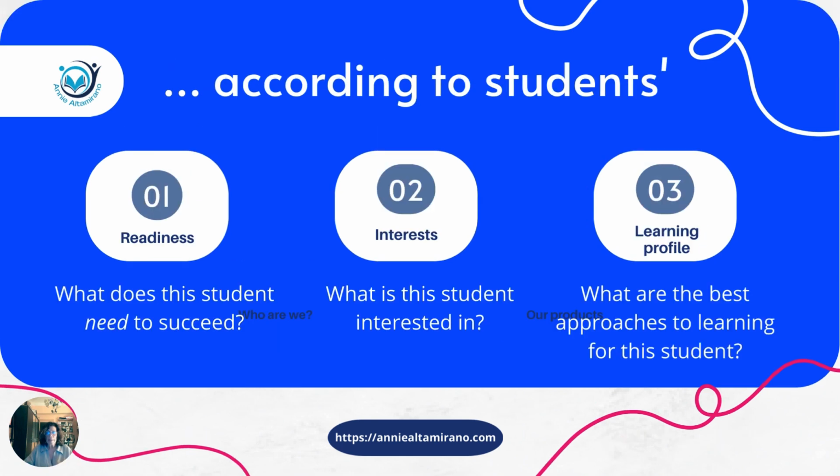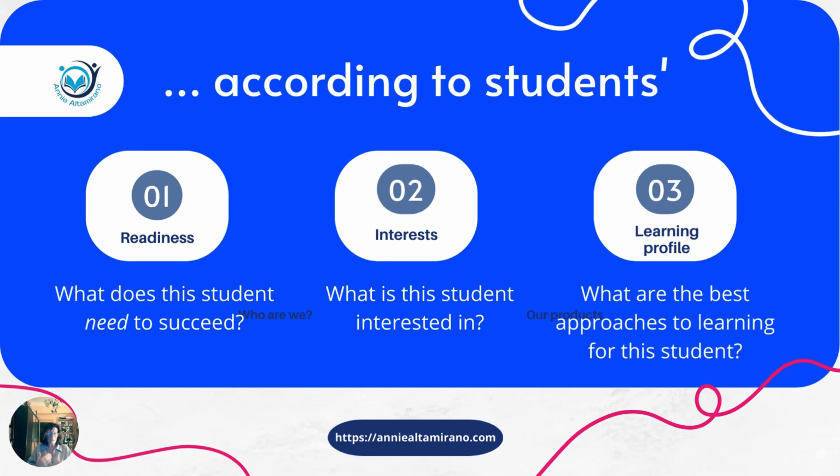Now, when I talk about differentiation, we need to think about instruction. Instruction is at the core of differentiation because the ultimate goal of differentiation is to make sure that each student has the best possible learning experience in order to maximize growth.